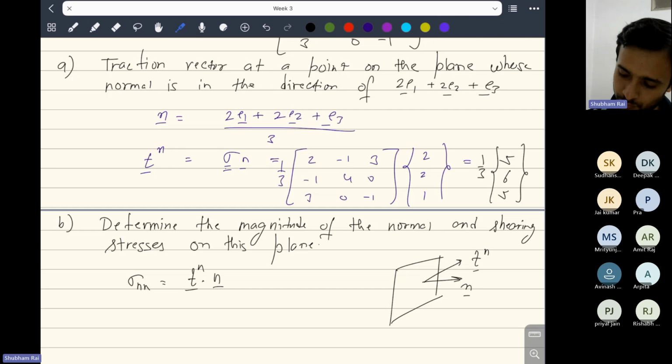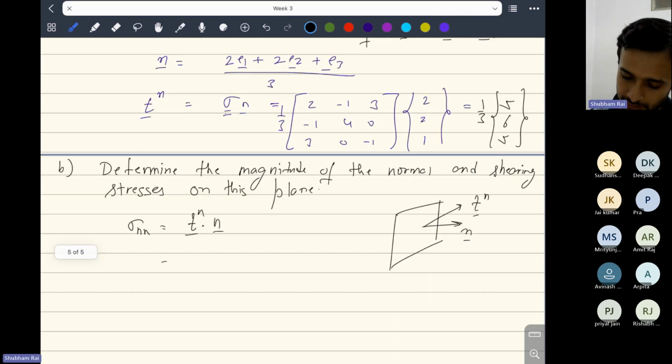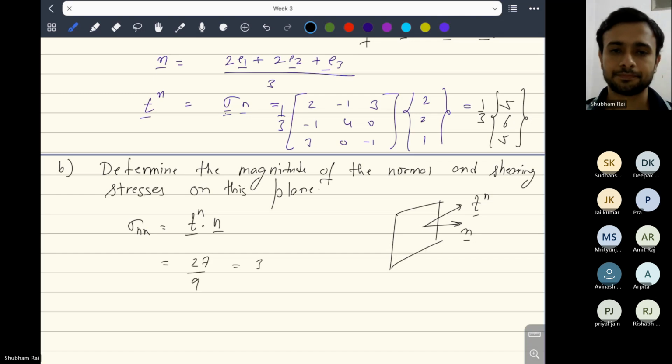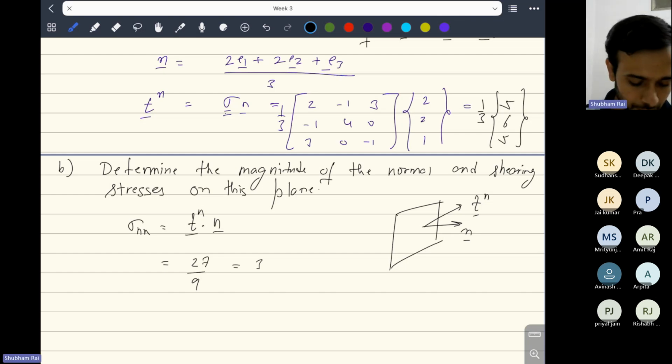Okay, 22 plus 5. You get 27, not 33. So finally you will get 27 by 9, which is 6. Okay, so this is sigma nn, which is in MPa, megapascal.